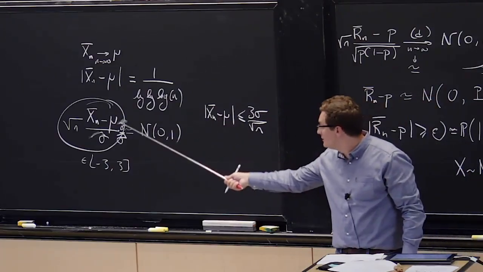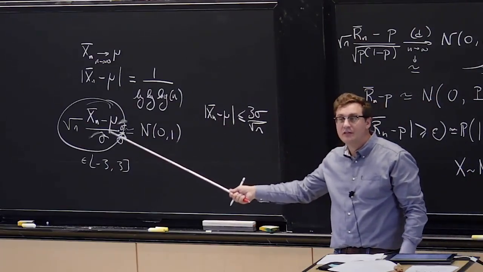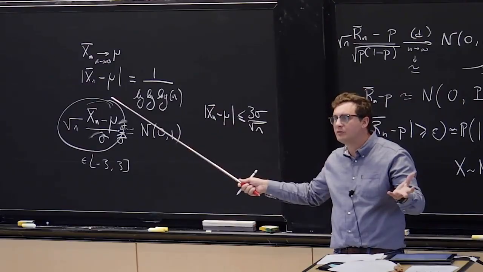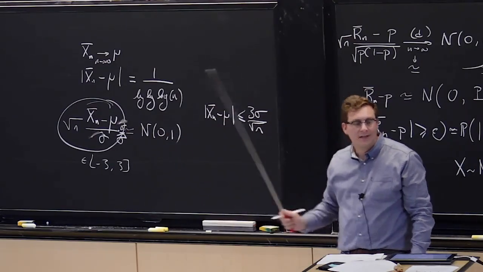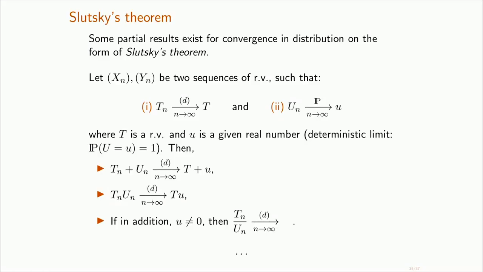Now here, U would be the limit of sigma over sigma hat, which we claim will be 1 by the law of large numbers. And so in this case, I can actually do this. And that's what Slutsky tells me. He says that now you can add limits. You can multiply limits. And you can actually look at ratios when those things exist. So this will actually be T over U.